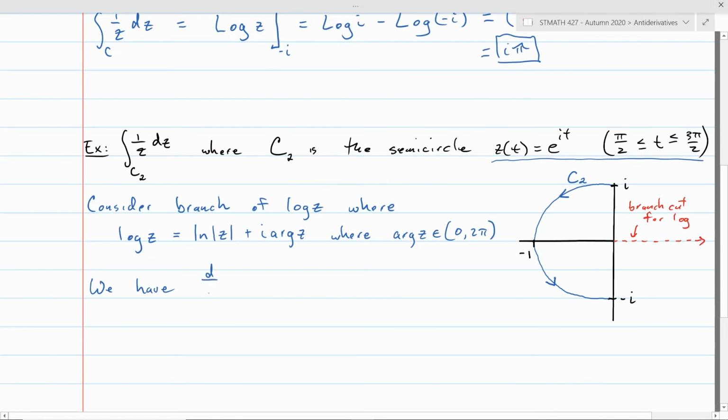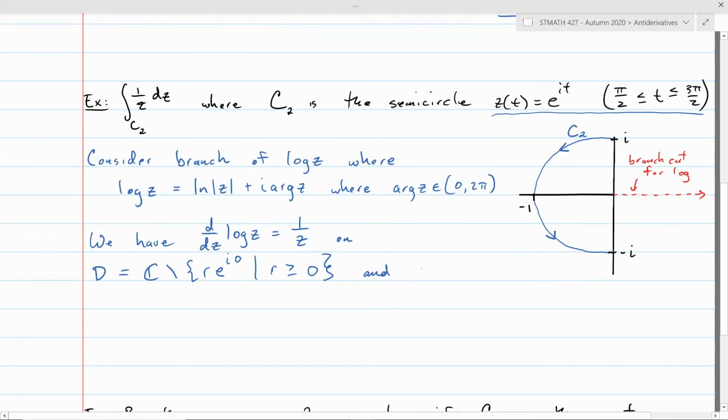We know that the derivative of this branch of log z is equal to 1 over z. Previously we proved that the derivative of any branch of the logarithm is 1 over z. And that's true on this domain D equals the complex plane minus the set of re^(i·0), r greater than or equal to 0, in other words, the non-negative real axis.